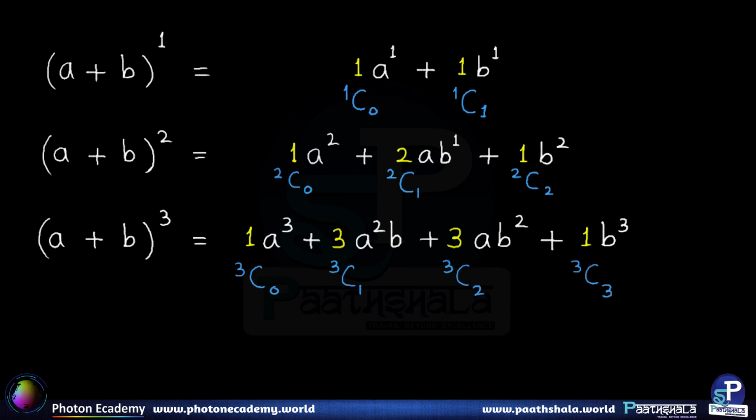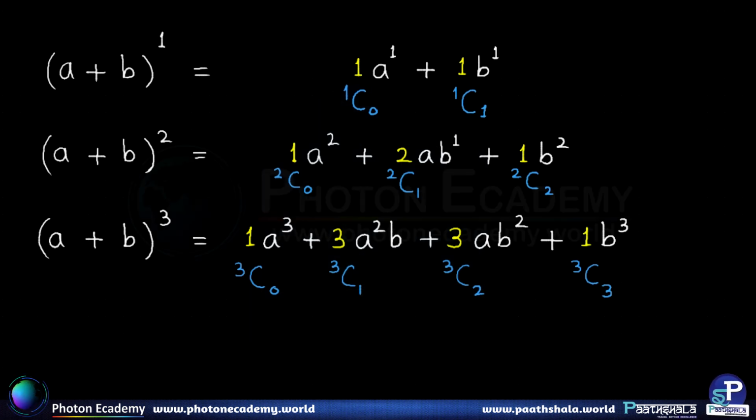Now the picture is completely clear. The individual coefficients are based on the index to which we are raising the binomial, and the lower numbers successively start from 0 and go up to the highest number, which is the same as the degree to which we are raising that binomial.